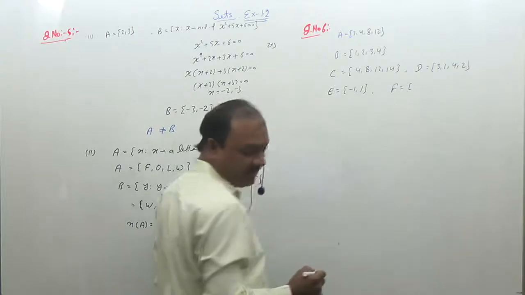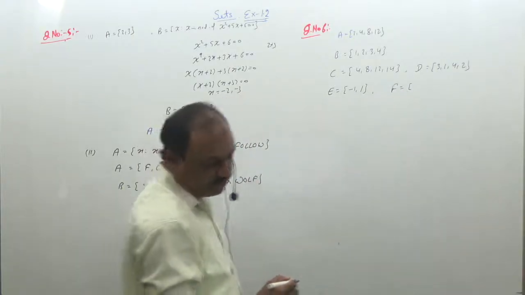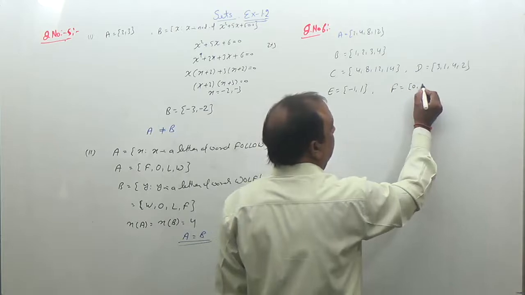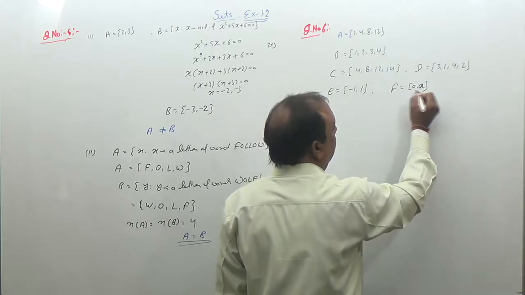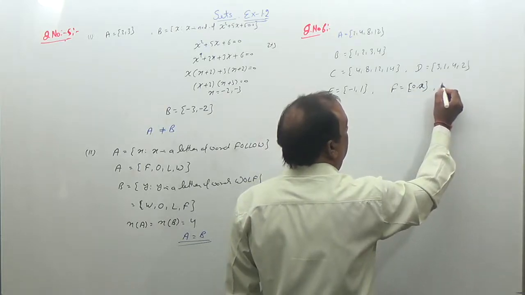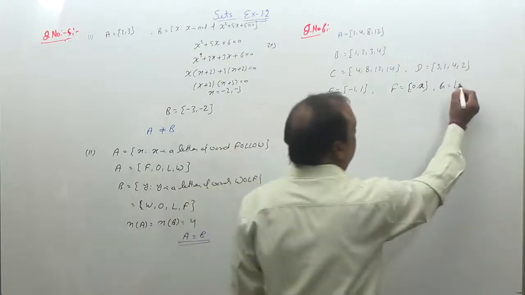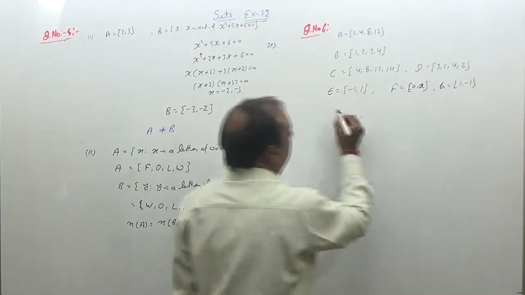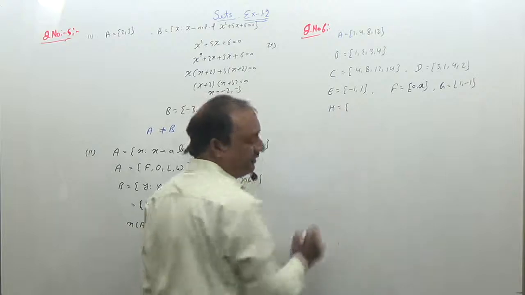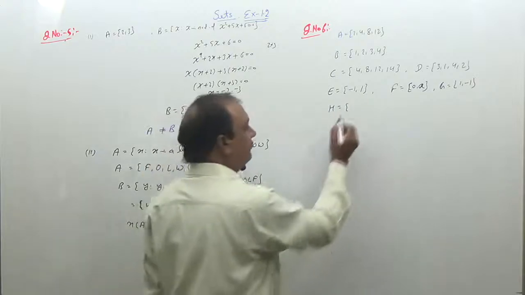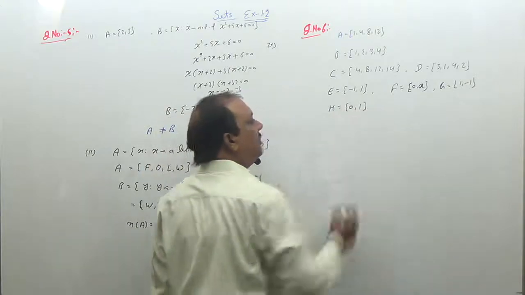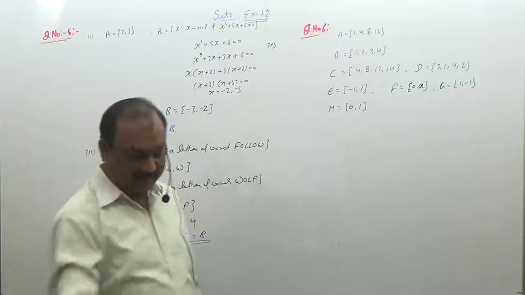And F is the set of elements 0 and A. And G is the set of elements 1 and -1. And H is the set of elements 0 and 1. So there are some sets given.